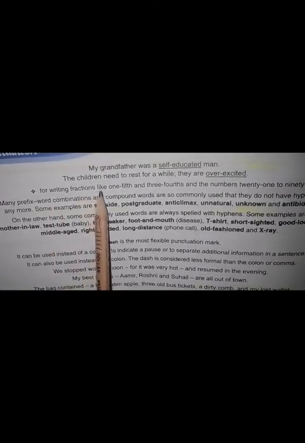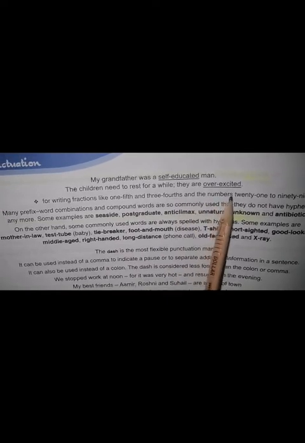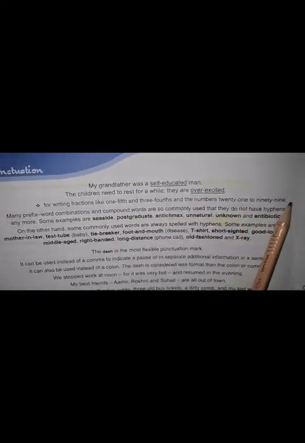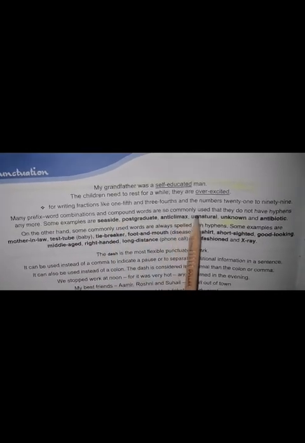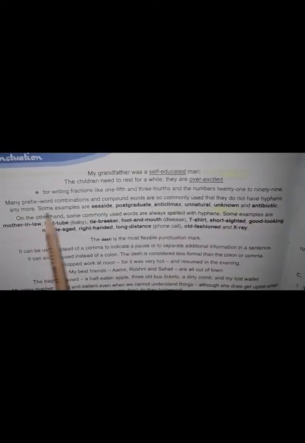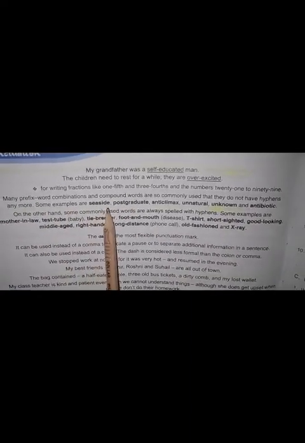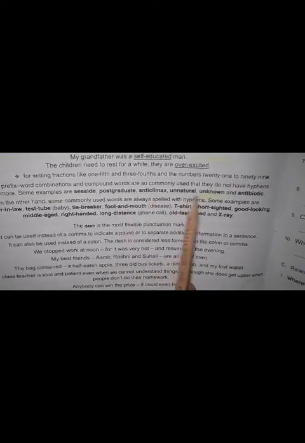And for writing fractions like 1/5 and 3/4 and the numbers 21 to 99. Many prefixes, word combinations and compound words are so commonly used that they do not have hyphens anymore. Some examples are seaside, postgraduate, anticlimax, unnatural, unknown, and antibiotic.